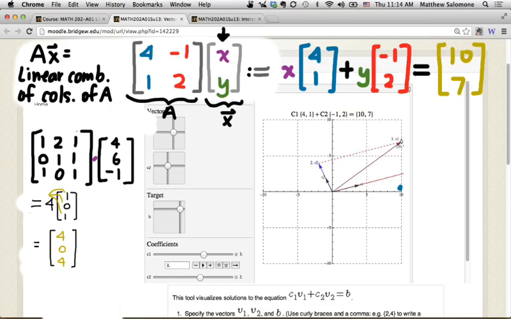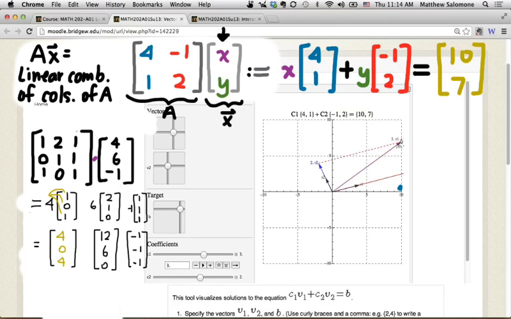Do the same thing for the rest of them. The second entry in my vector is 6, and that will scalar multiply the second column, 2, 1, 0. That will give me, if I'm keeping score down here, 12, 6, 0. And then -1 multiplied by the third column, 1, 1, 1, gives -1, -1, -1.